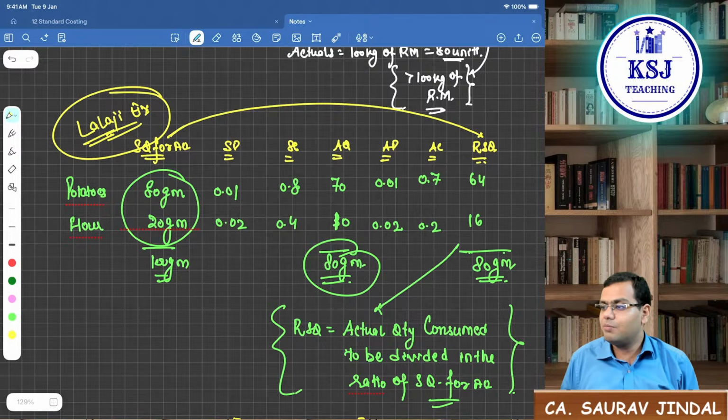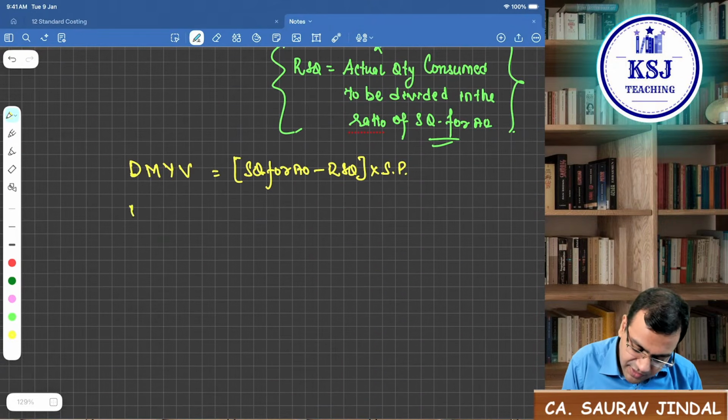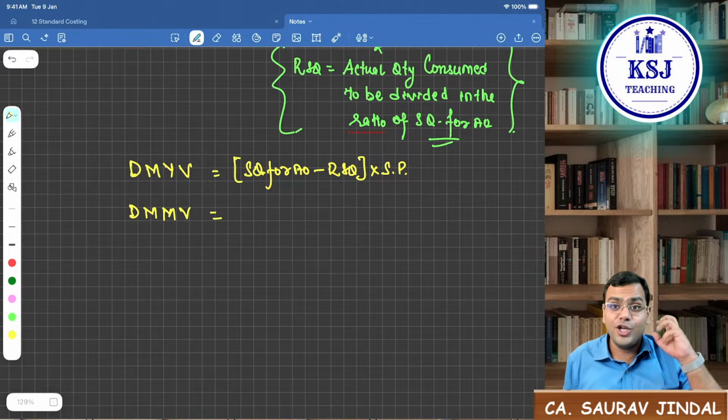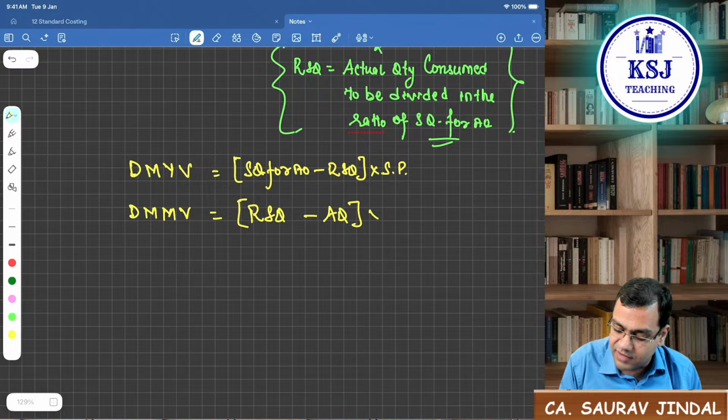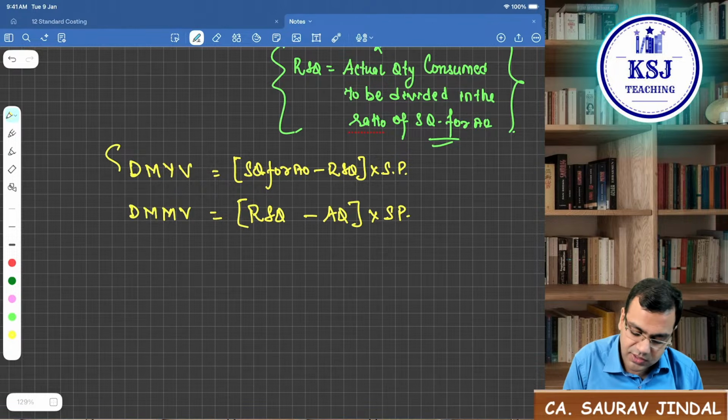Now what is your mix variance? Direct material mix variance is: according to your revised thought process, what should be the mixture, minus what you have actually mixed, into standard price, right?